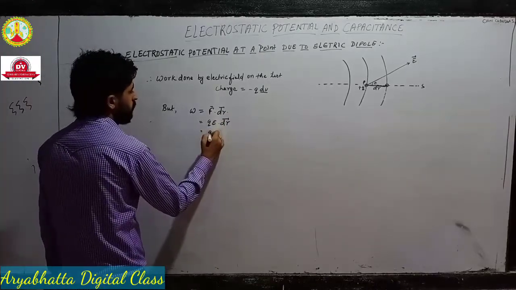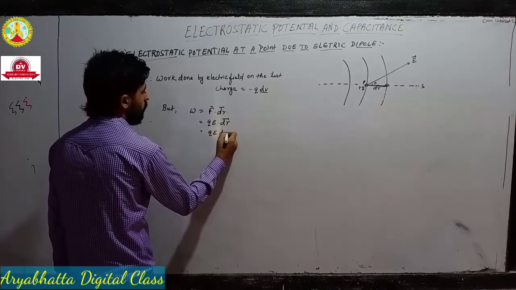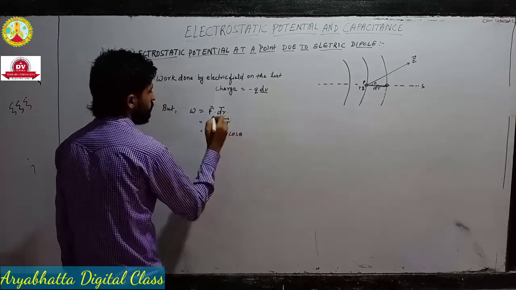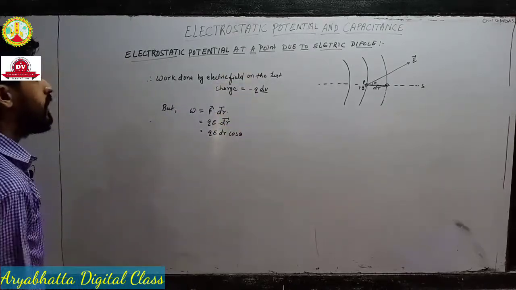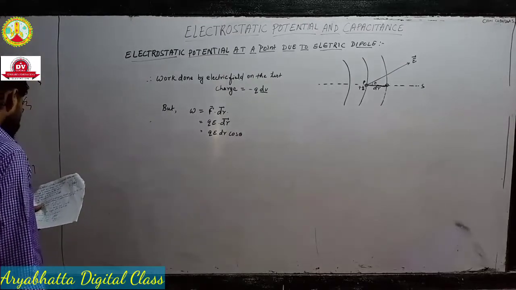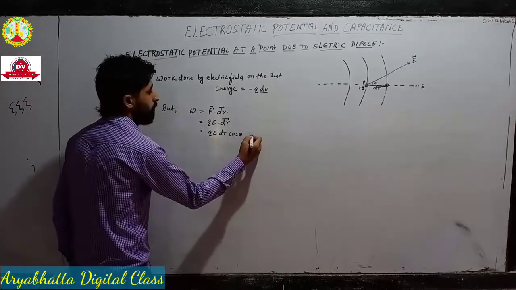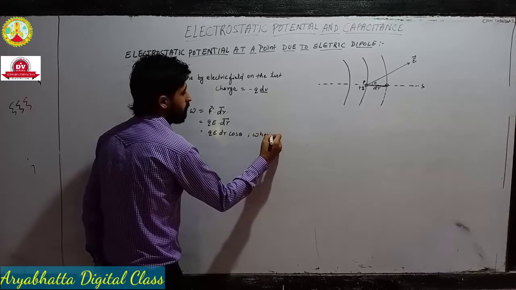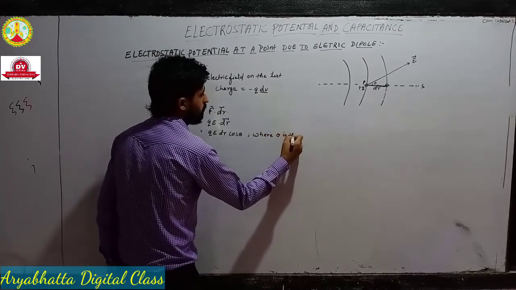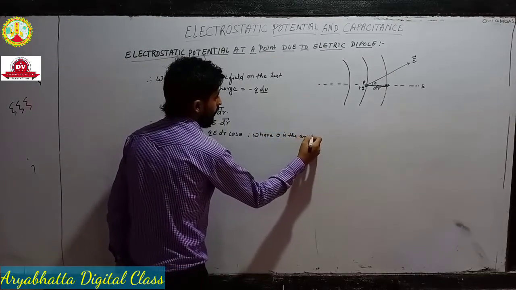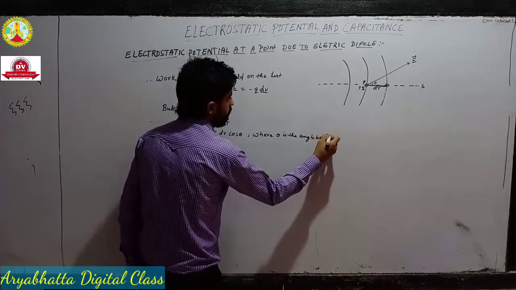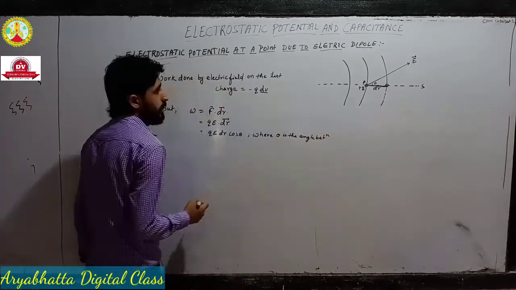What will you get? QE dr cos theta. You can see theta is there, where theta is the angle between E and dr.